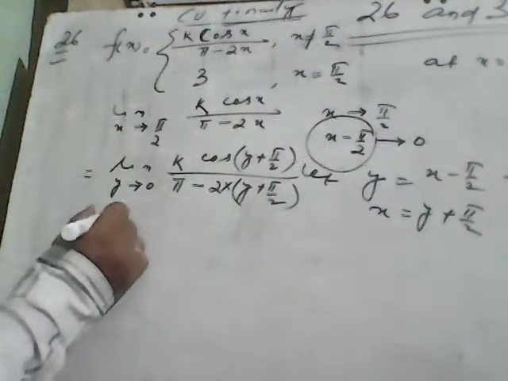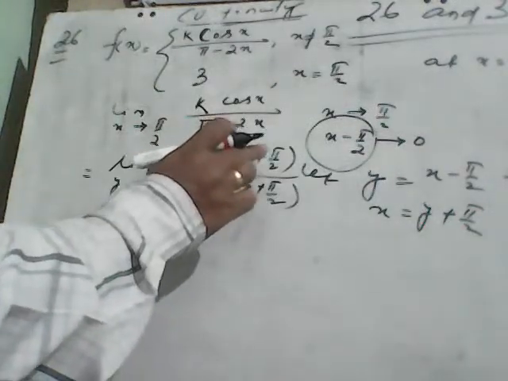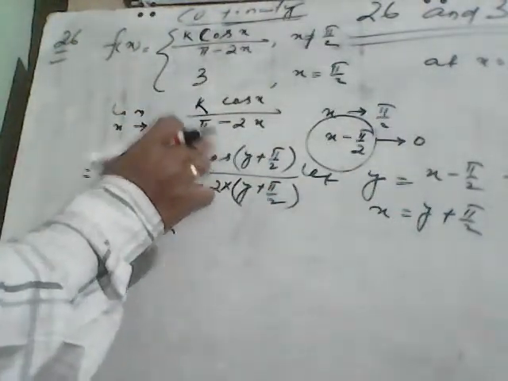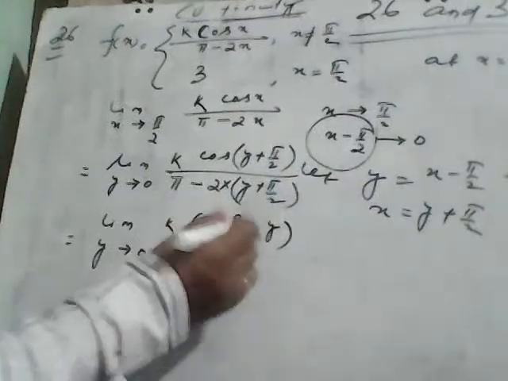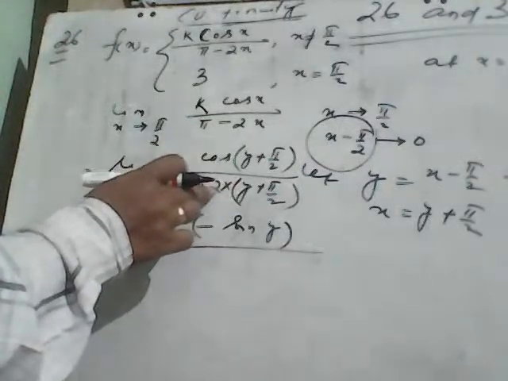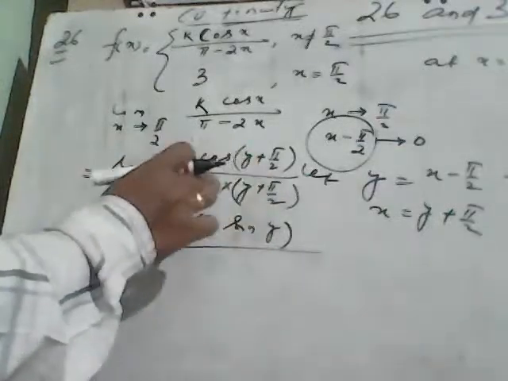Now simplify. Limit y approaches 0, k cos of y plus pi by 2, which is minus sin y. Cos y plus pi by 2 is minus sin y. Then the denominator: pi minus, if you multiply 2 inside, it is minus 2y minus pi.